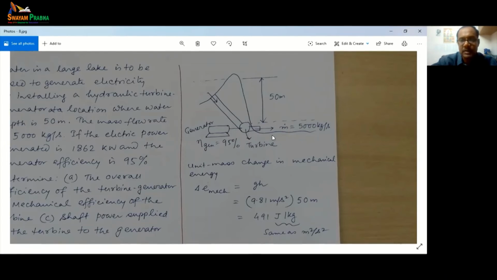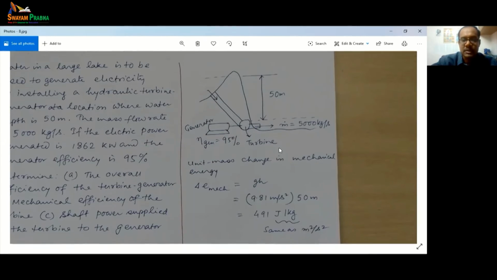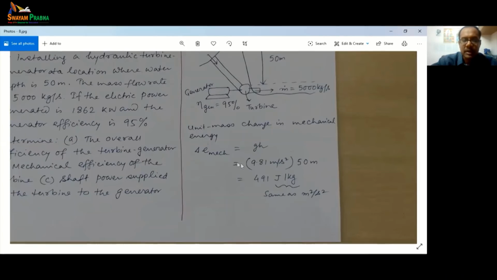The turbine is not changing the pressure, right? The only thing is the head that we have is lost. This potential energy head is calculated by gh. So in this particular case, we are given the information h is 50 meter and the acceleration due to gravity g is 9.81 meter per second square. By multiplying, you will get 491, and in terms of energy, the unit is joule per kg.